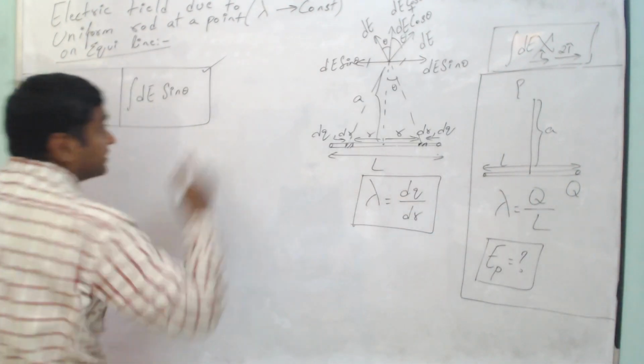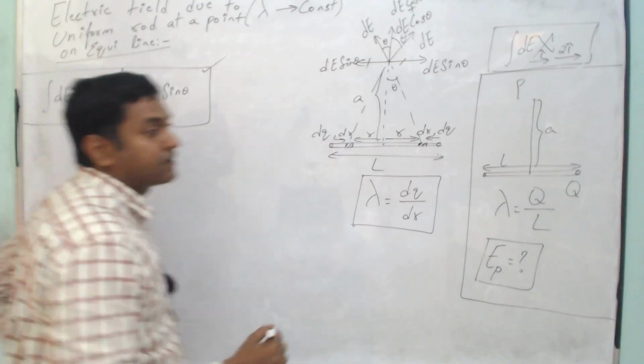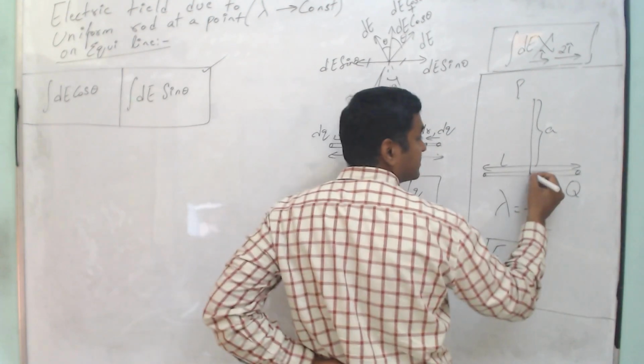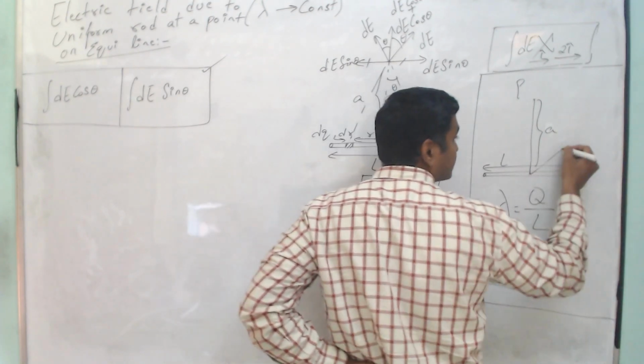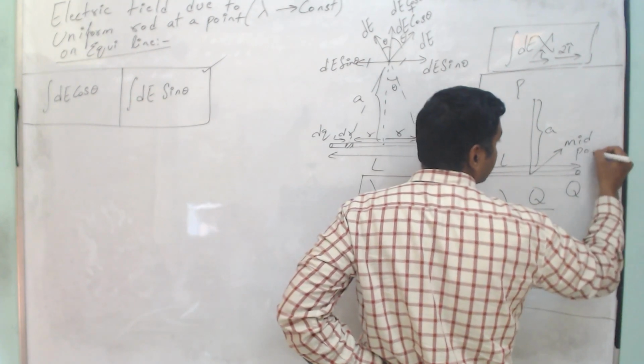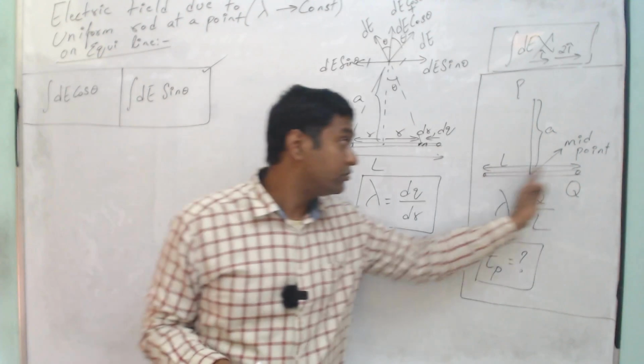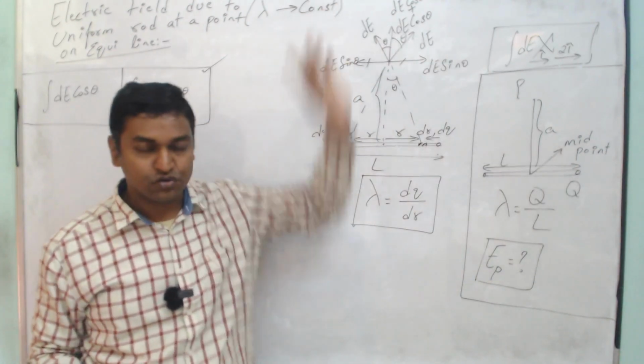Take a look. So basically, for this particular question, the point which is there, we are mentioning as the midpoint, right? Yes, sir. And the charge is uniformly distributed. That means lambda is constant.